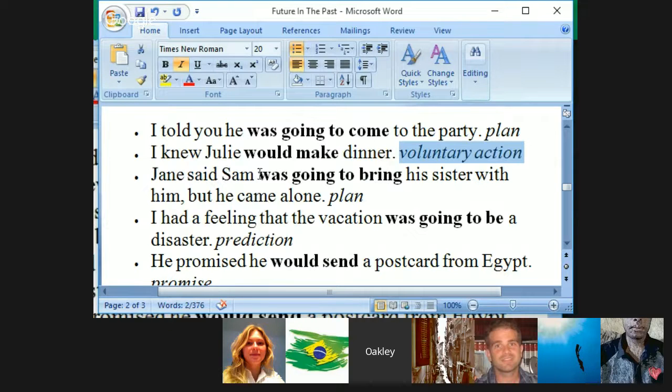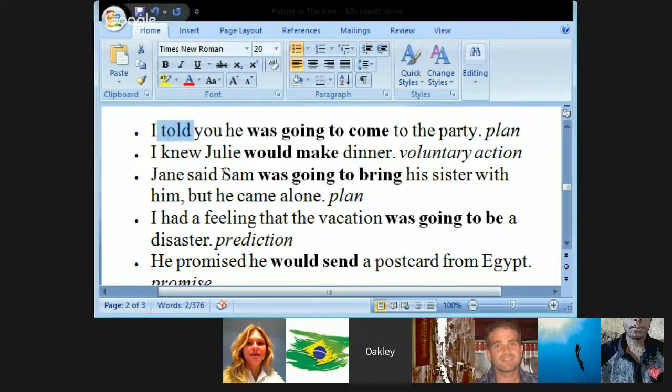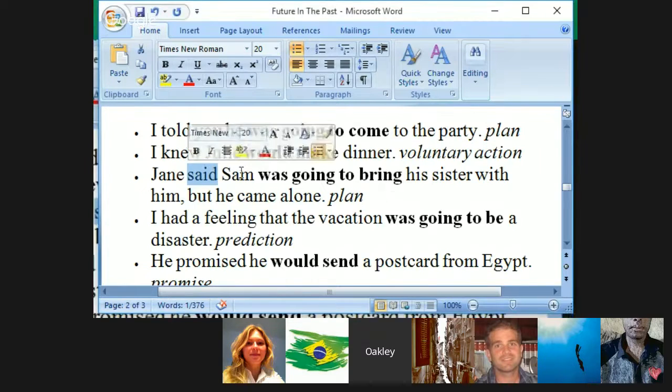Okay, Jane said Sam was going to bring his sister with him, but he came alone. Notice the reported speech ones. I told you, Jane said, past tense. Notice the beginning phrase is always in the past tense. He said, you will not see this future in the past with Jane says.